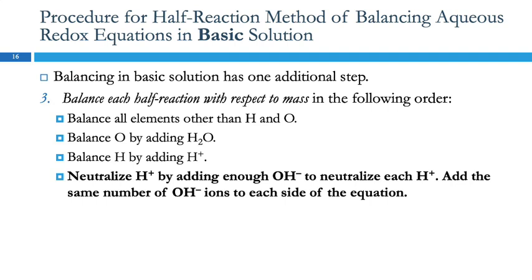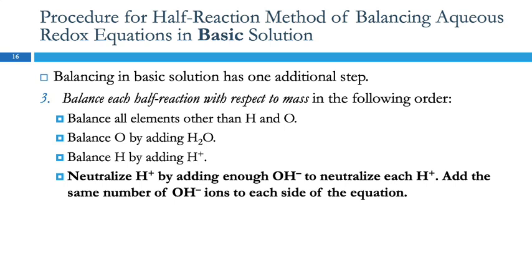So what we're going to do is add hydroxides to both sides to neutralize the hydrogens. And when they neutralize hydrogens, they give us water molecules, and then we'll have hydroxide on one side instead of hydrogen ions. You can do this in the middle when you're doing the mass balancing, or you can take care of it at the end.